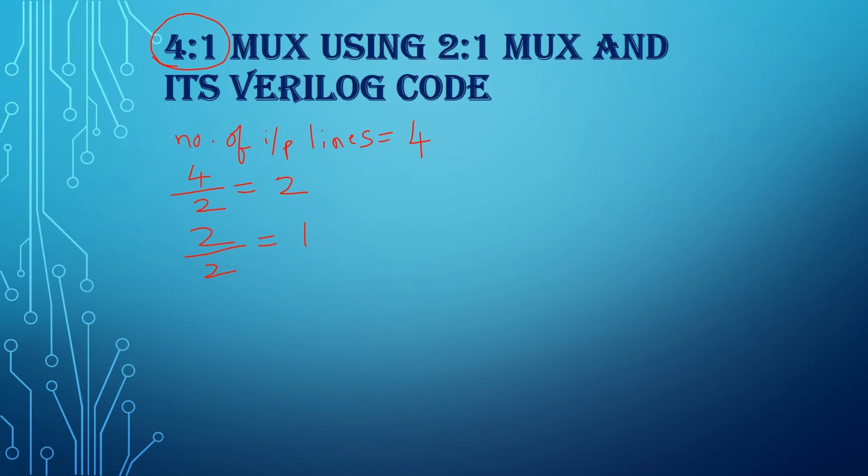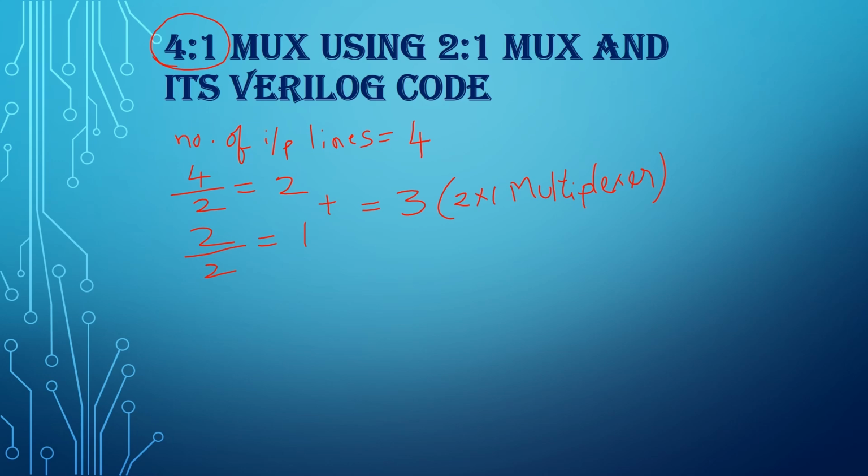In the second line we need a 2x1 multiplexer. If you add these two, we get 3. In total we require three 2x1 multiplexers.